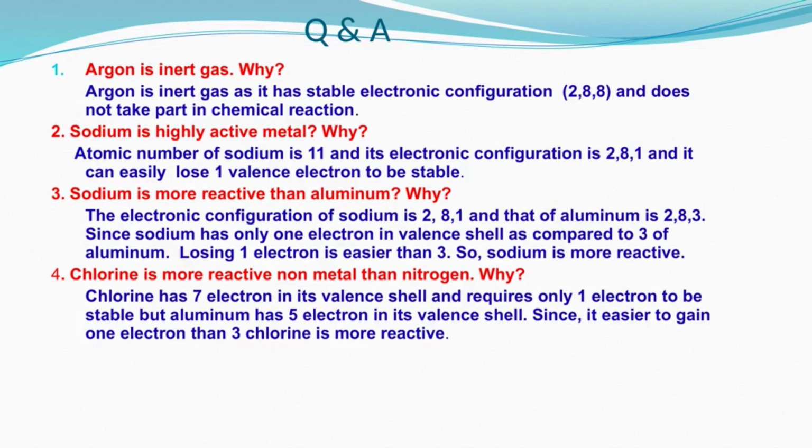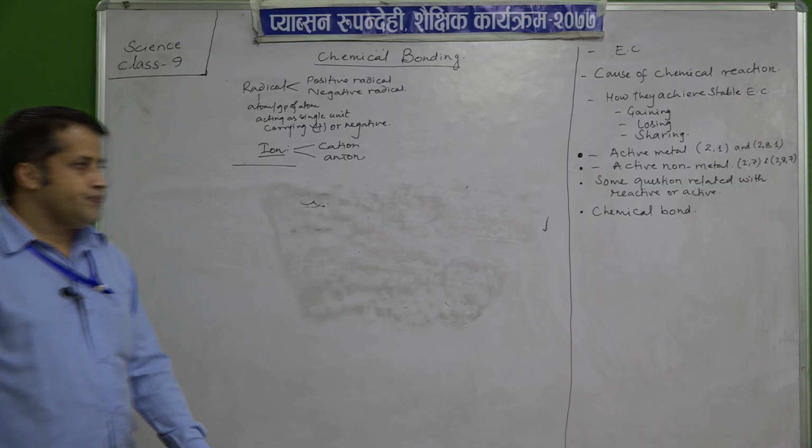So it is easier to gain 1 electron than 3. So chlorine is more reactive as a non-metal compared to nitrogen. Okay, now please look at the board.